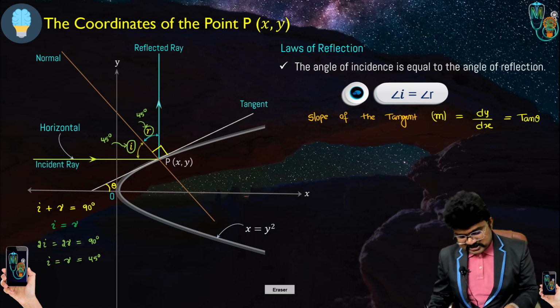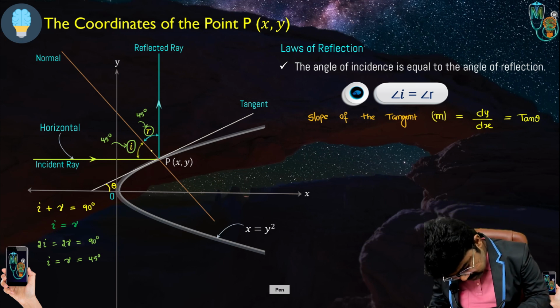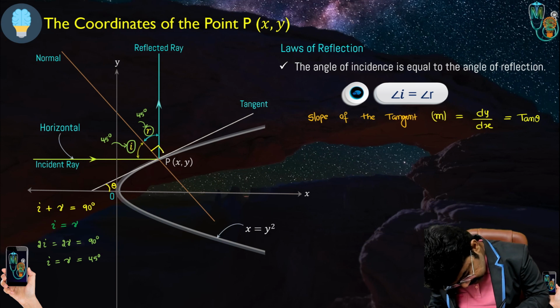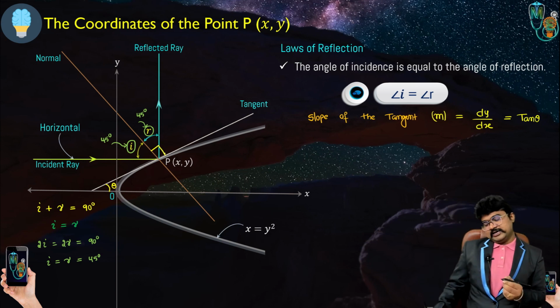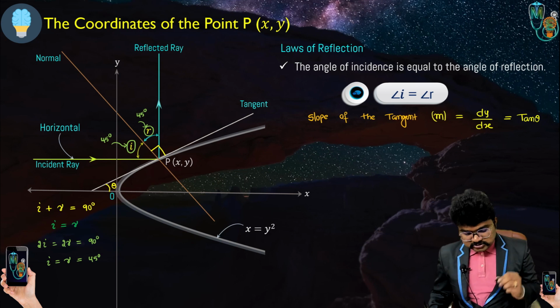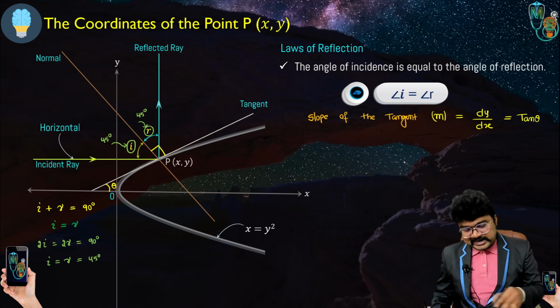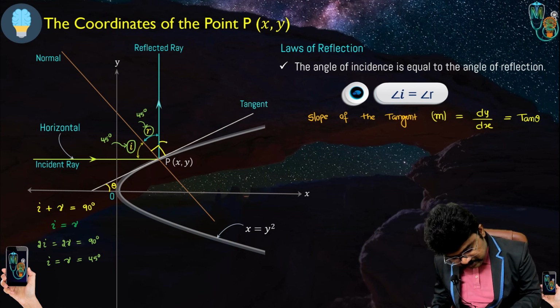Understood? The normal makes an angle of 90 degrees with the tangent. So the total is 90; if this is 45, from here to here it is 45 degrees. From here to here, 45 degrees.